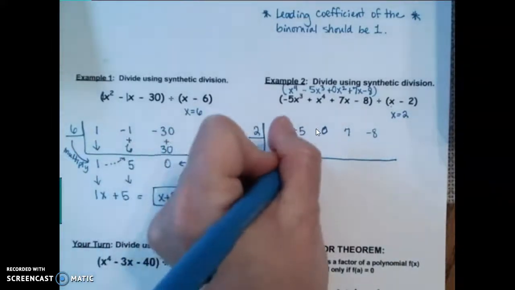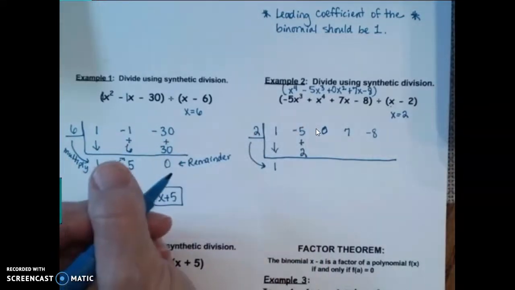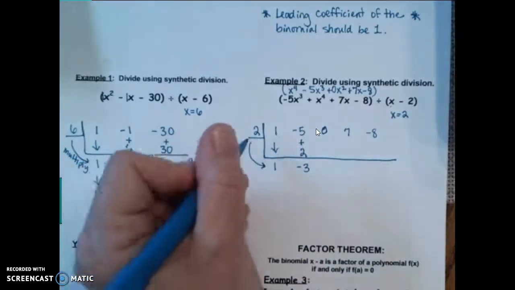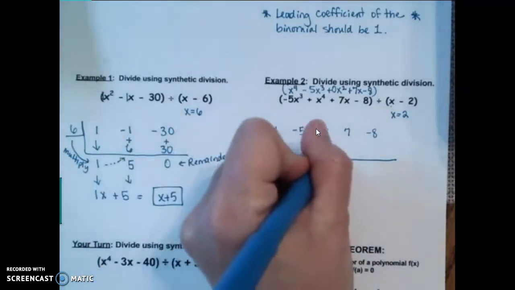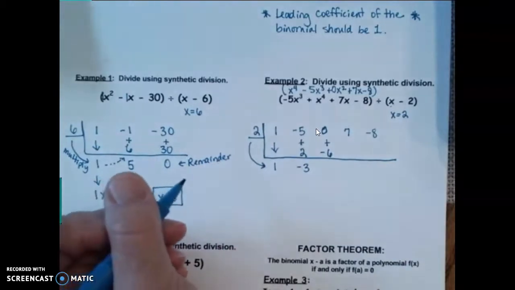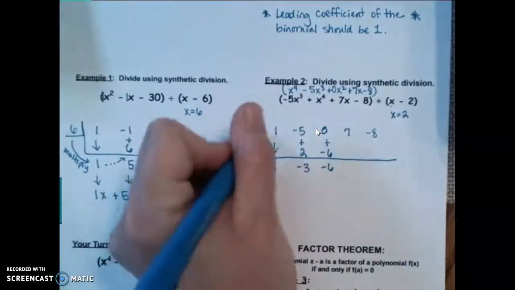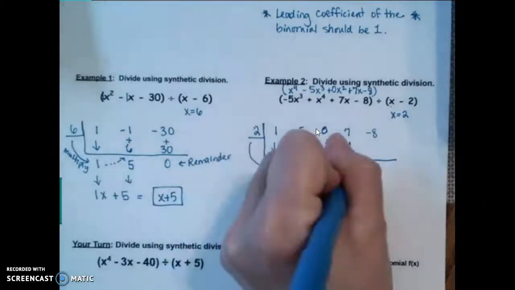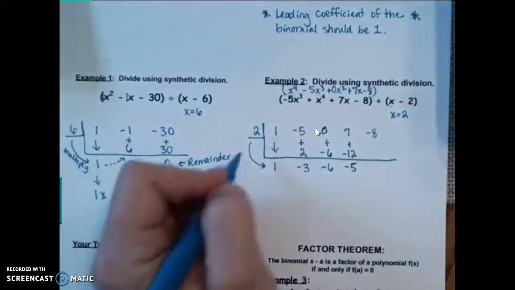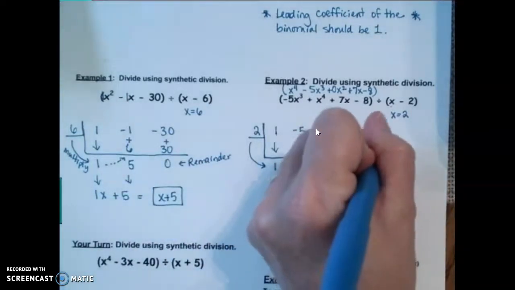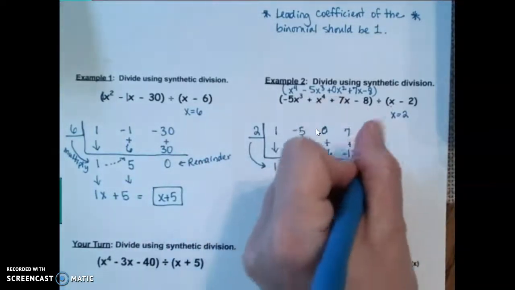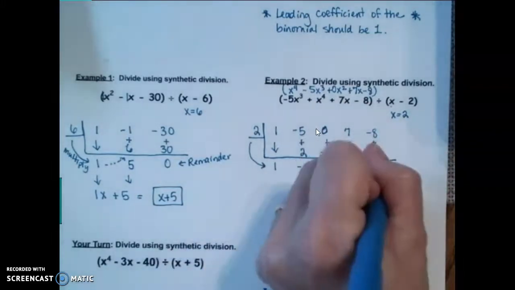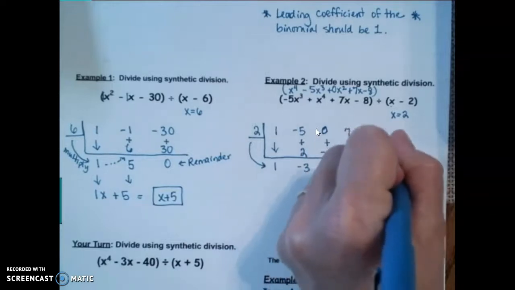So 2 times 1 is 2, always adding down. So negative 5 plus 2 gives us negative 3, multiply. 2 times negative 3 is negative 6, always adding down. 2 times negative 6 is negative 12. When I add down, I get negative 5. 2 times negative 5 is negative 10. So when I add this, I'm going to have negative 18. That last number is always going to be your remainder.